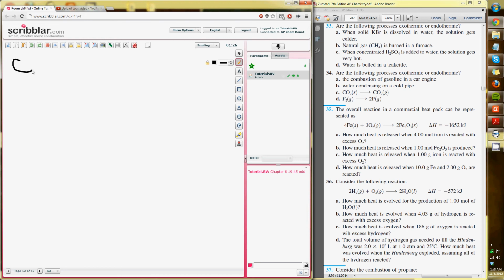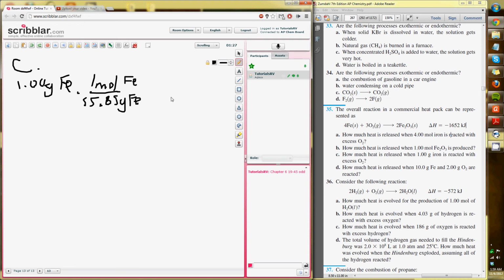Part C, how much heat is released when 10 grams. Okay, it's basically the same problem, except you have to change the 10 grams of iron into moles before you can do all that stuff. So the conversion is 1 mole over 55.85 grams of Fe.